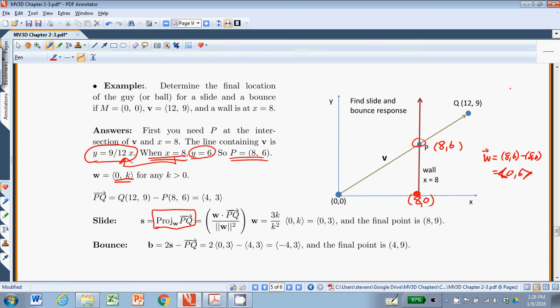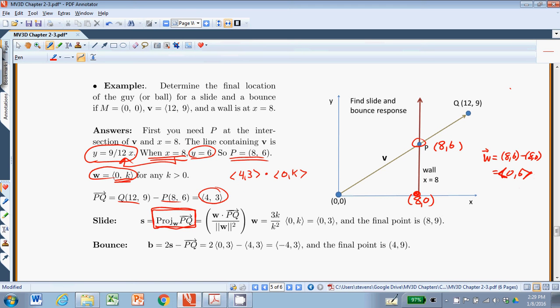And so now that I've got my wall vector and my collision point, I just plug everything right into here. All right? PQ is just Q minus P, so that's 4, 3. And I need to dot that with W, which is just 0, k, right? So if I take 4, 3 and dot it with 0, k, right?